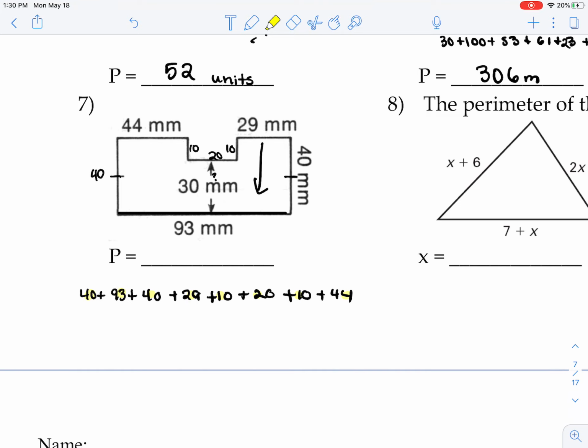Now if you're like, Miss, that don't look like an octagon, then what you're thinking about is a regular octagon. It's absolutely not regular, but it is an 8-sided polygon. So it is an octagon. It's just not a regular octagon. Anyways, moving on, let's add up that perimeter.